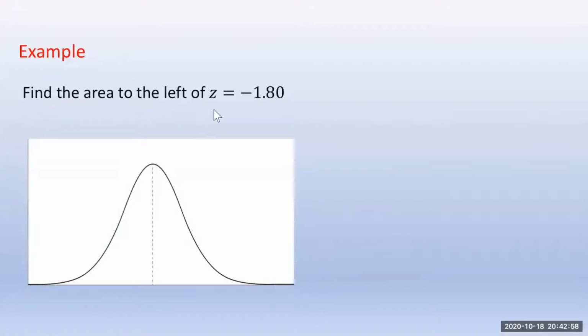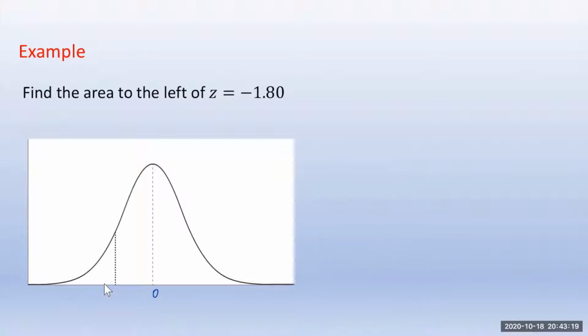Example, find the area to the left of z equal to negative 1.81. For the standard normal distribution, mean in the middle is 0. So z equal to negative 1.81 should be somewhere here. So first we are going to locate that.